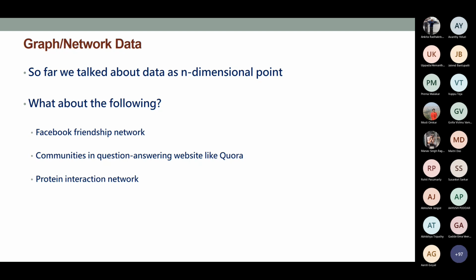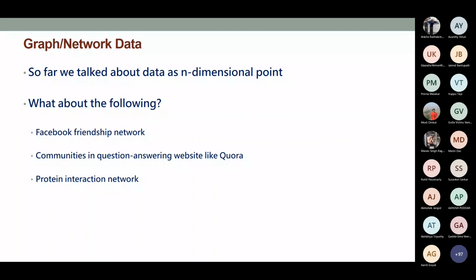Okay. Now, what about the following problems? For example, when you have to deal with the Facebook friendship network. This is not n-dimensional points. There are connections between different individuals. Think about the communities in a question answering website like Quora. Most of you probably have used Quora, and you know there are certain communities.